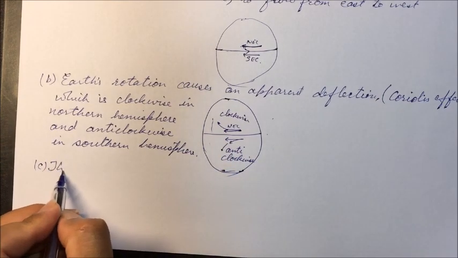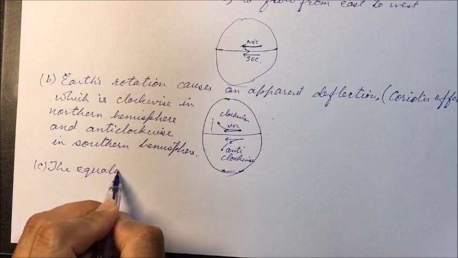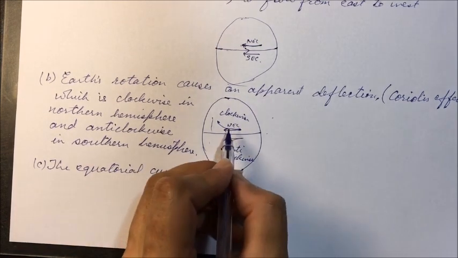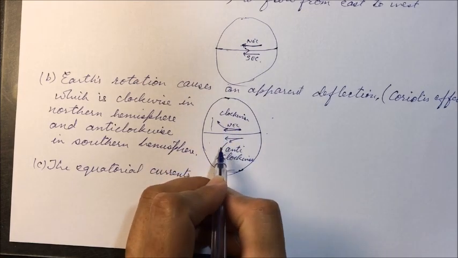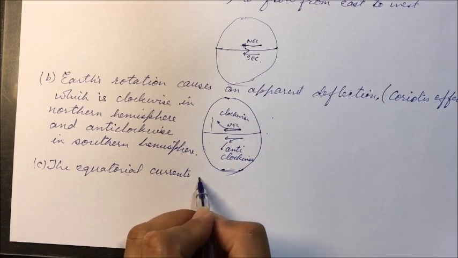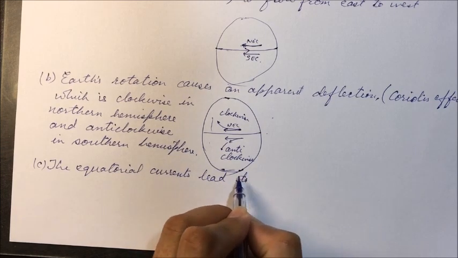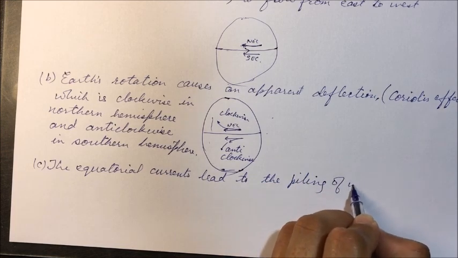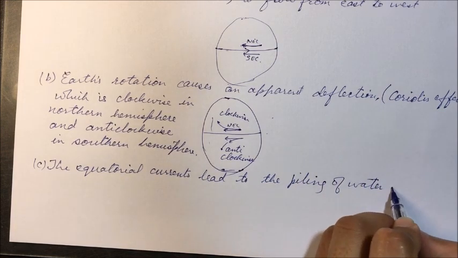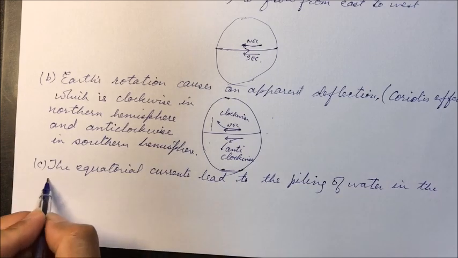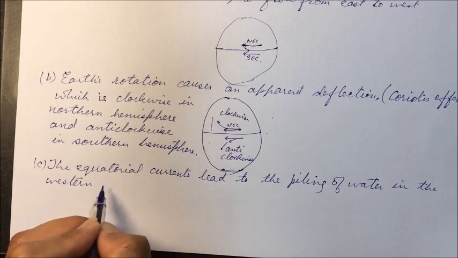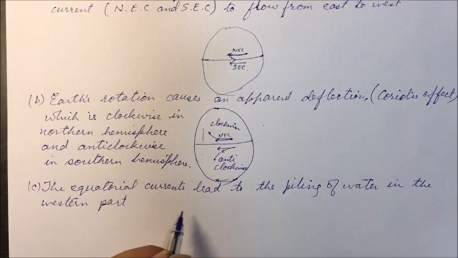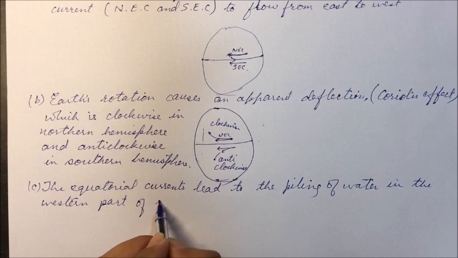So the equatorial currents, which are the north equatorial current and south equatorial current, lead to the piling of water in the western part of the ocean basin.